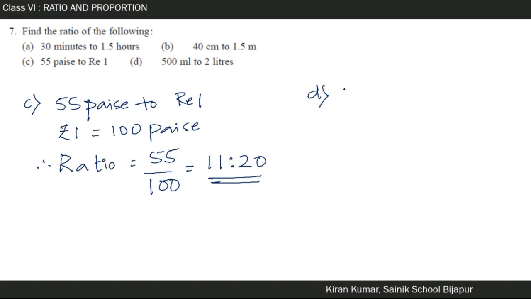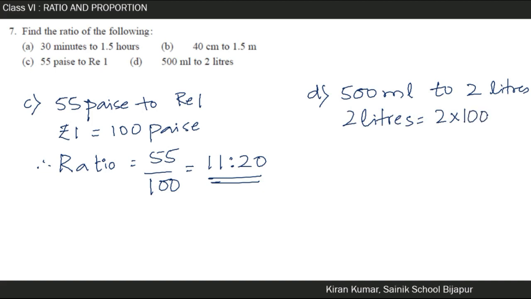Fourth one is 500 milliliter to 2 liters. So 2 liters I'll convert in milliliters. 2 liters will be 2 times of 1000 milliliters. We get it as 2000 milliliters.